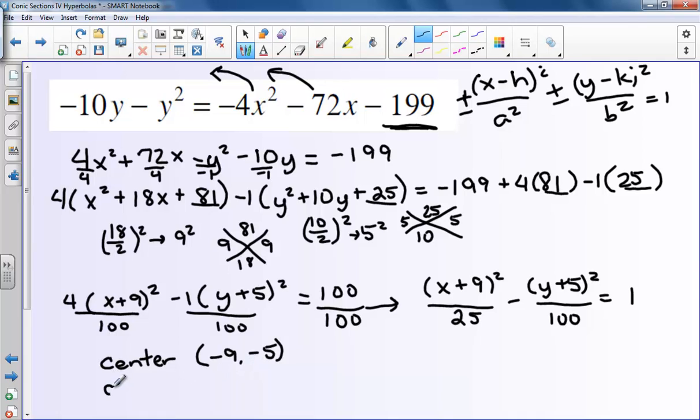And I can also see that my a value is the square root of 25, or 5. My b value is the square root of 100, or 10. And that this is going to open left and right because it's my y that's negative here.